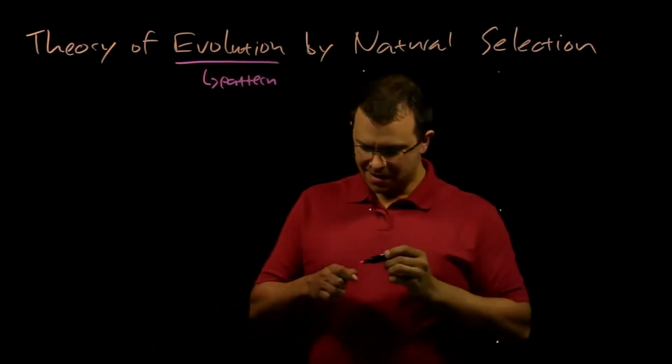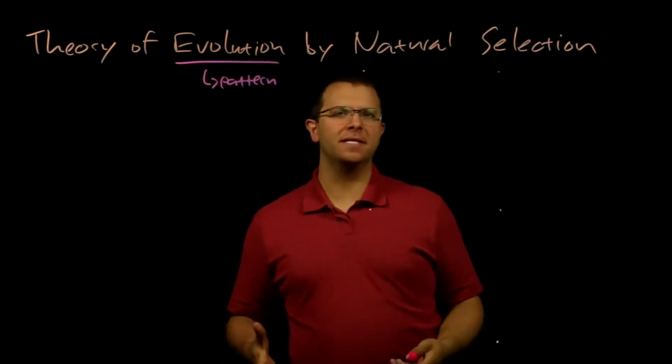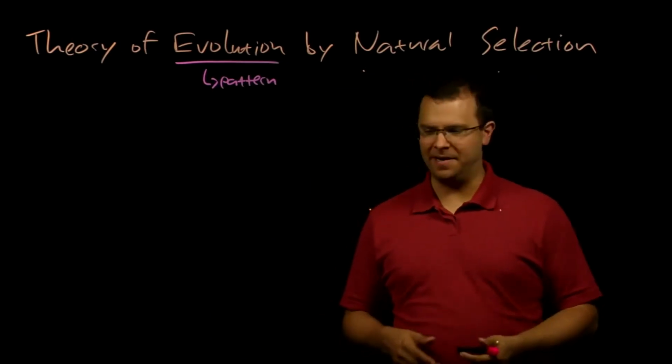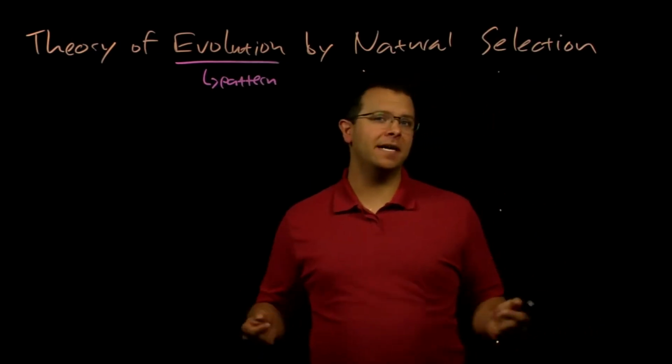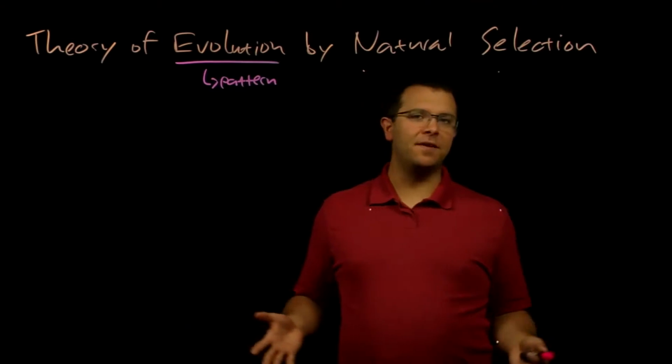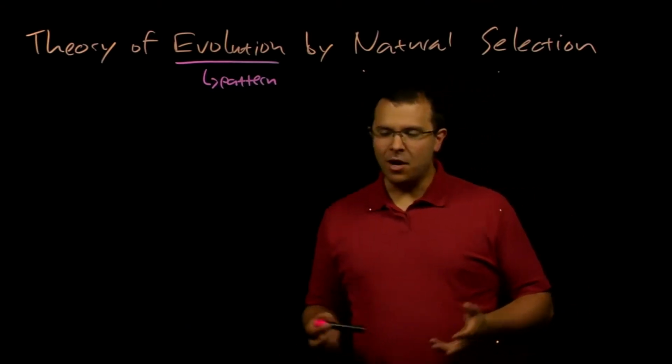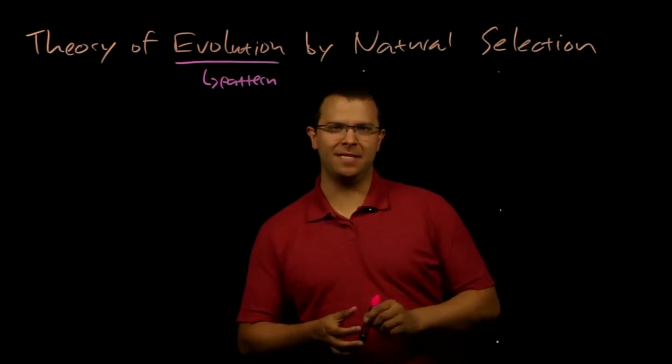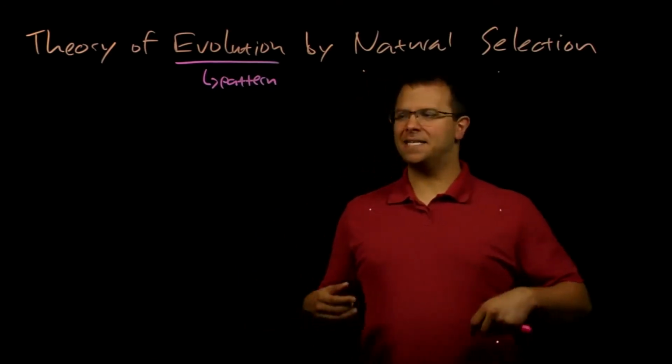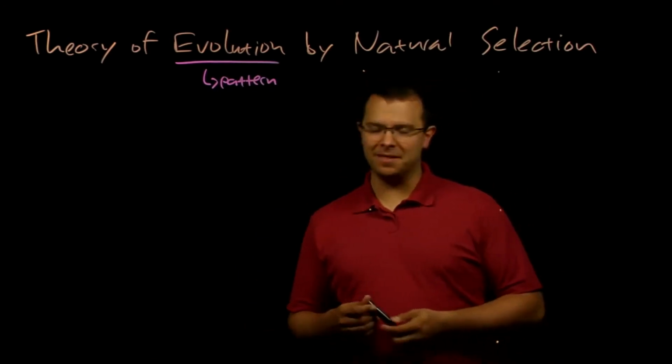We know that populations of organisms change over time. We see this over very long time scales, for example, in the fossil record, but we also see it over very short time scales in organisms that reproduce much more rapidly.